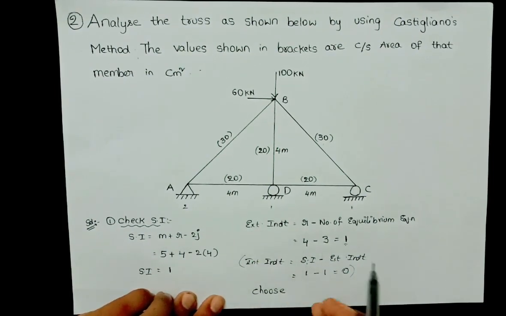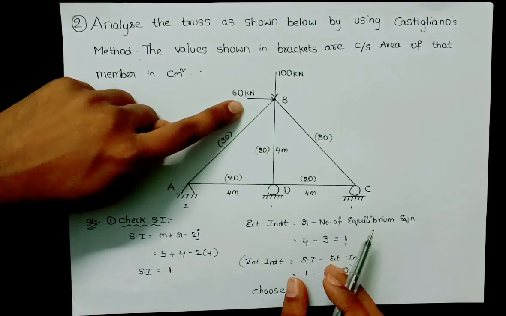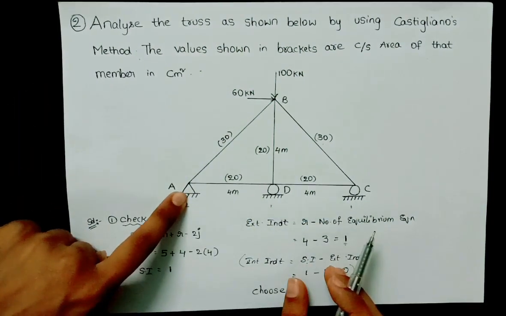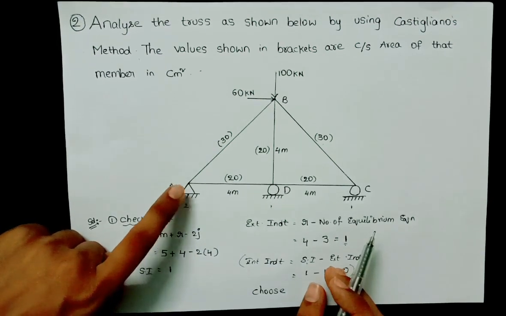Which reaction do we have to choose, and how do we select the reaction as redundant? We have one horizontal load. Of all the supports, the hinged support is the only one which offers a horizontal reaction, so we cannot take the horizontal reaction here as redundant.